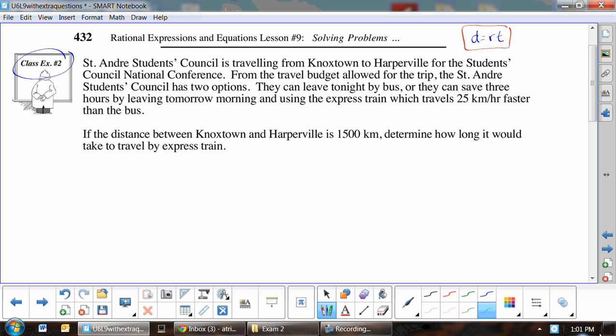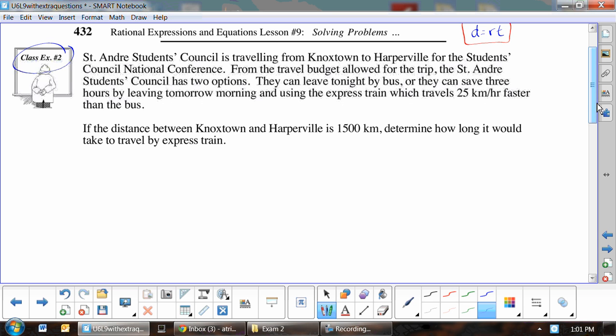So, what is our question asking us? So they're saying, how long would it take to travel by express train? 3 hours longer than by bus. So we could say that the time for the bus minus the time for the train is equal to 3, right? Because that's the difference between the length of the two trips.